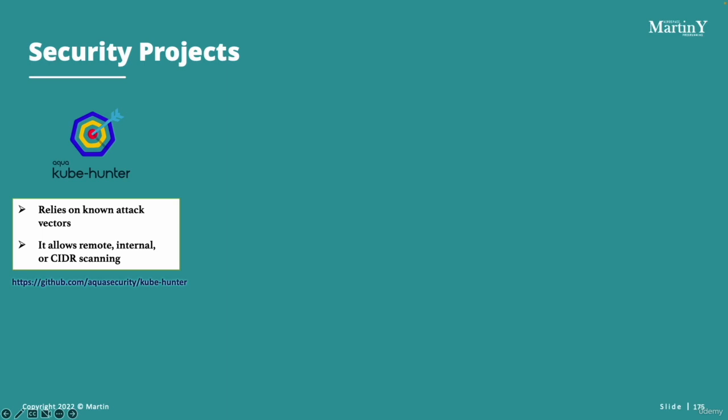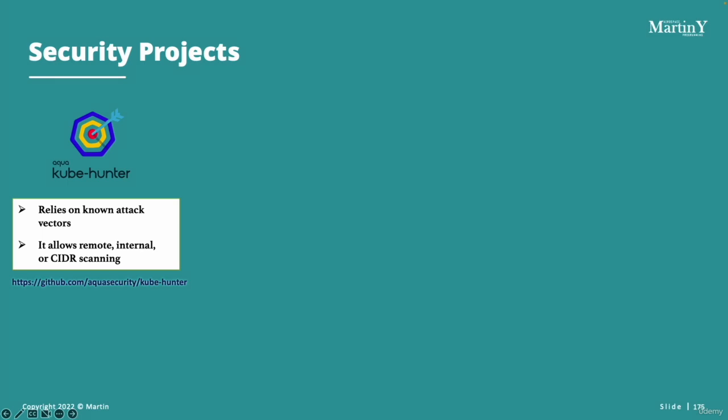So KubeHunter is a Python script that is developed to analyze the potential vulnerabilities in the Kubernetes cluster. As most of the other tools, this tool relies on known attack vectors and information about the attack surface, so it allows you to perform security vulnerability analysis of your Kubernetes installation.